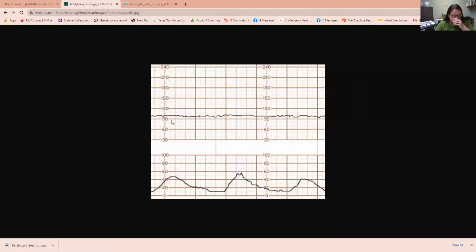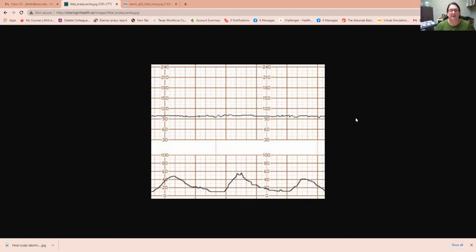Got to switch my strip over. Okay, bradycardia is less than 110 beats per minute. This fetal heart rate is sitting at 100 beats per minute. This is bradycardic. There are some other things wrong with it that you're going to be able to determine before we finish this today.